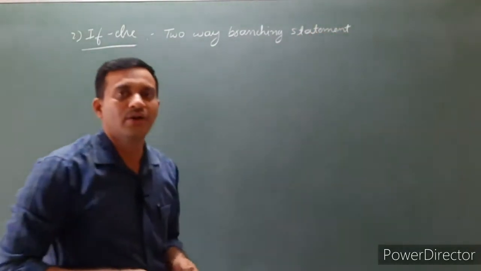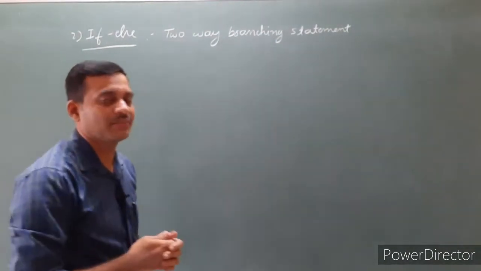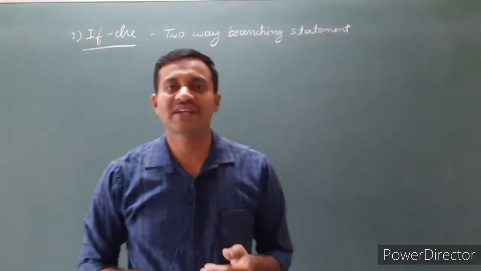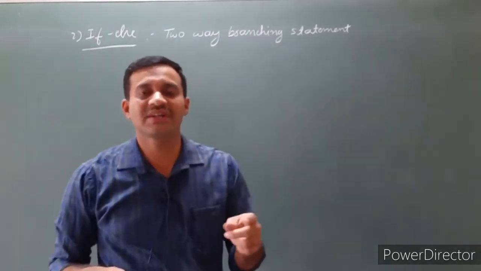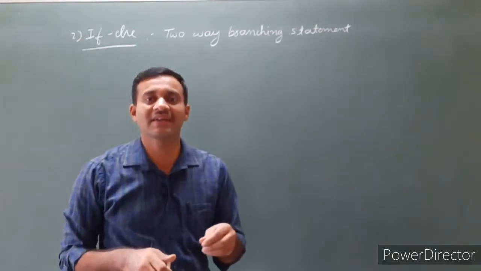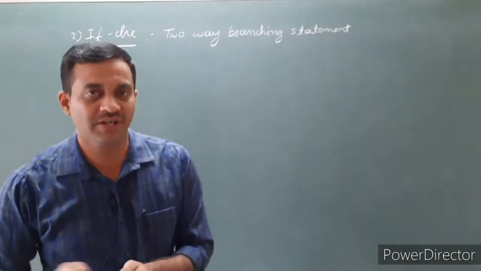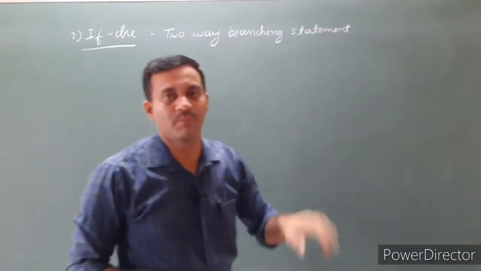Two-way branching means there are two sets of statements. Out of the two sets of statements, only one set is selected for execution. So we take a decision about exactly two sets of statements. Hence it is a two-way branching statement.